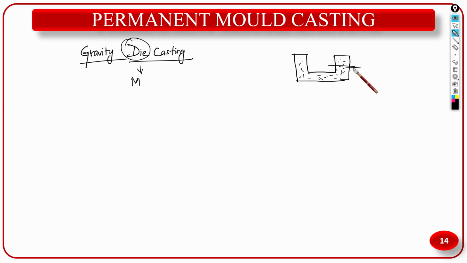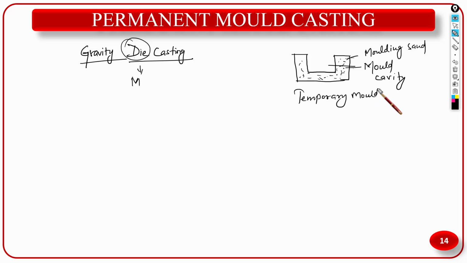This is the mold cavity, and this is the molding sand. But this is a temporary mold. Why? Because after every casting we break this mold.